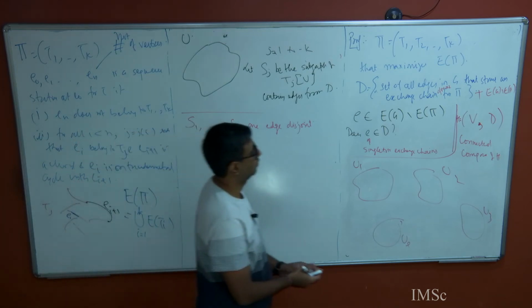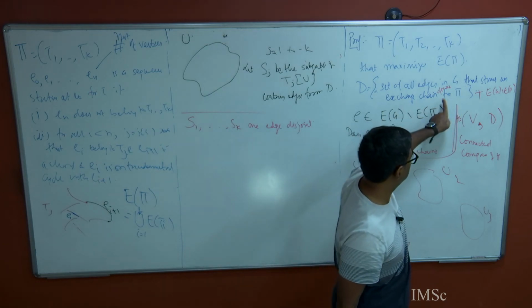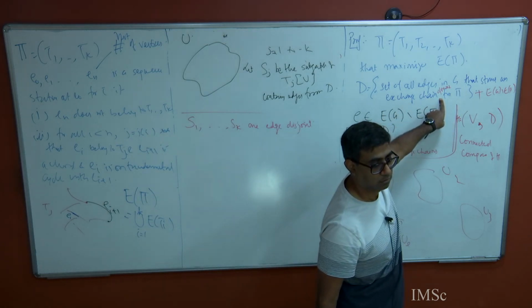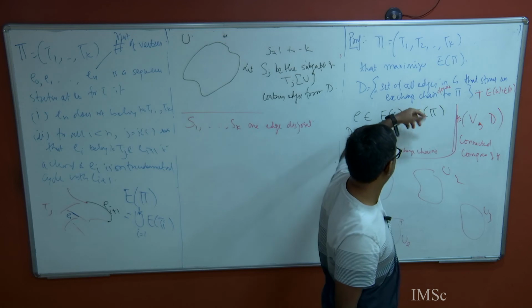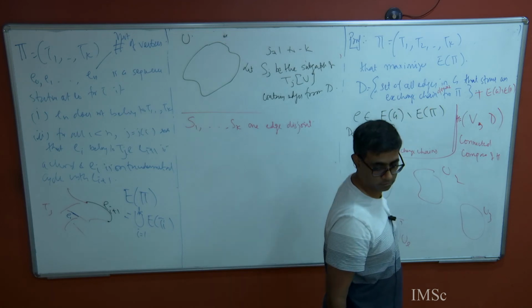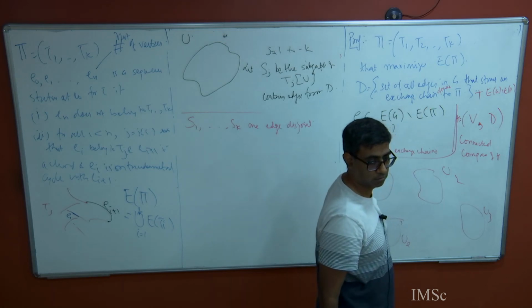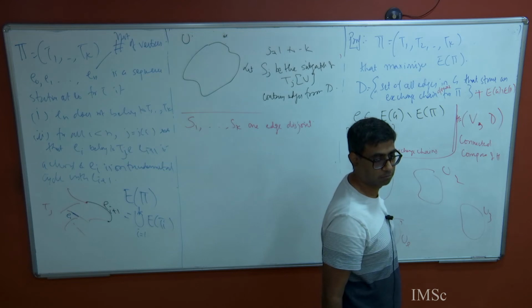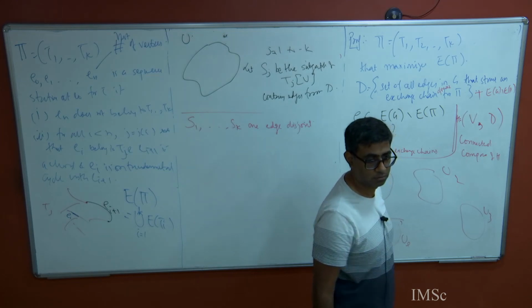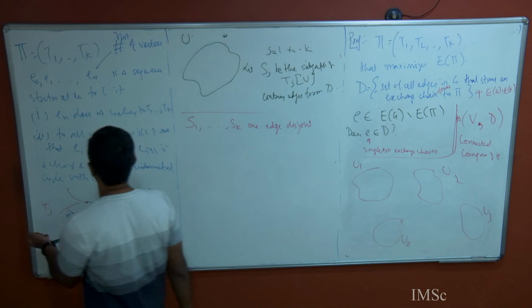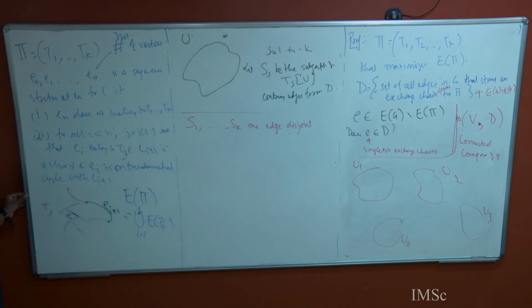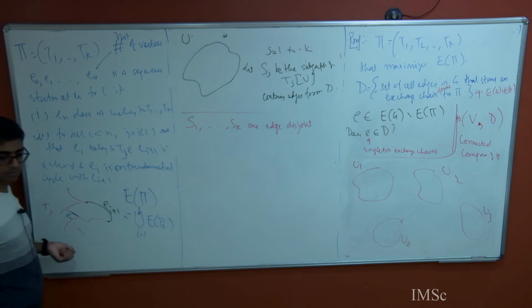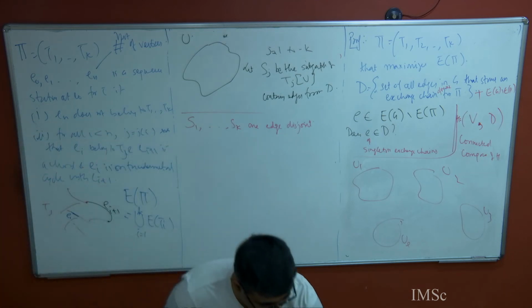Because D is the set of all starting edges, all edges that start an exchange chain. But every first edge of an exchange chain belongs to that. The last does not belong; everyone else belongs. First belongs.